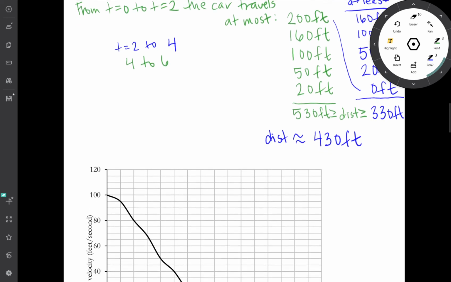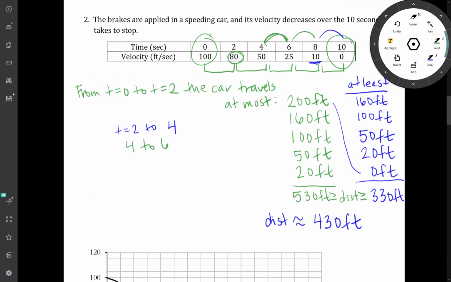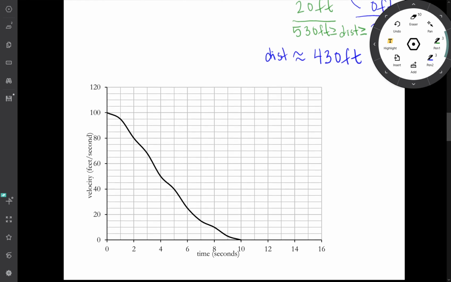So down here to the graph, I just want to look at what each of these numbers actually looks like on the graph. So starting with this 0 to 2 seconds, a 2-second time interval, and we ended up with the 200 feet by multiplying that by the 100 feet per second. So down on my graph, the 100 feet per second is going to be this height right here.